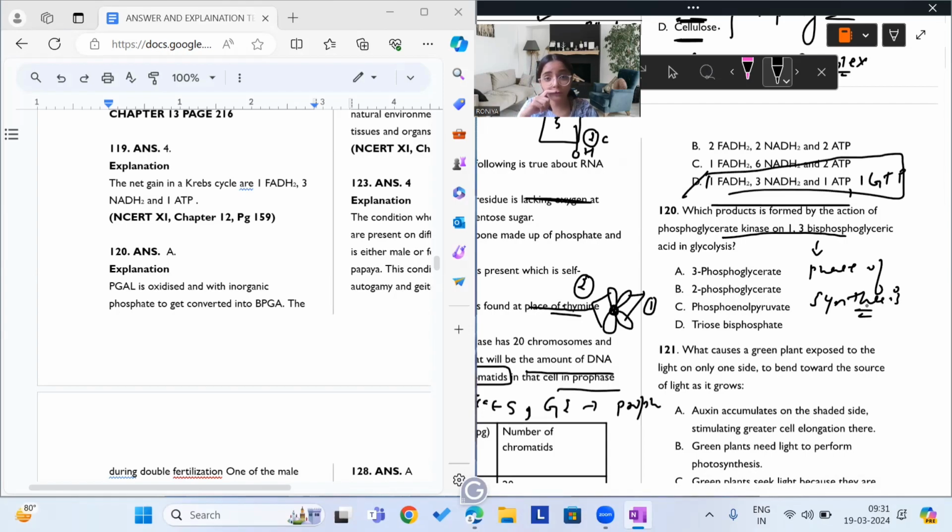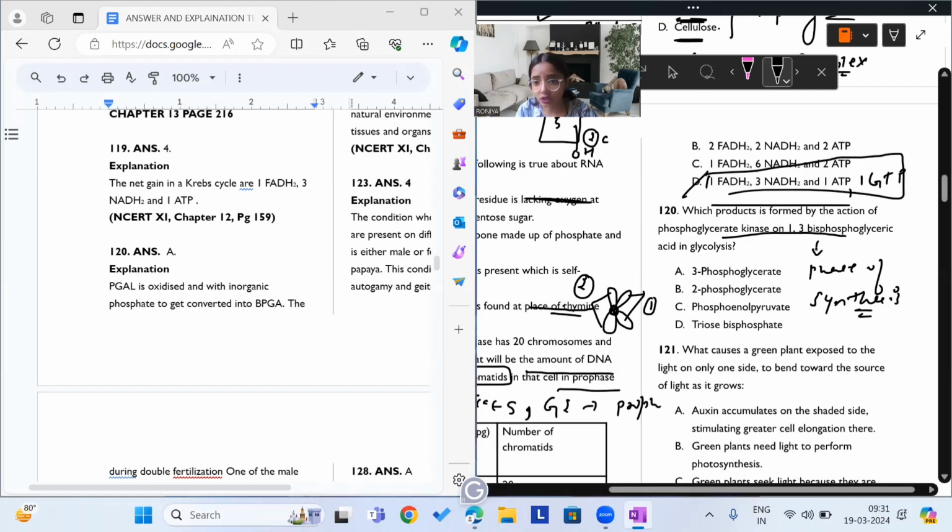So glycolysis has two phases. The phase of utilization wherein ATP and NADH are used, and then there is another phase wherein NADH and ATP are produced. So this reaction is seen in the phase of synthesis, or the phase of regeneration wherein ATP and NADH are produced.